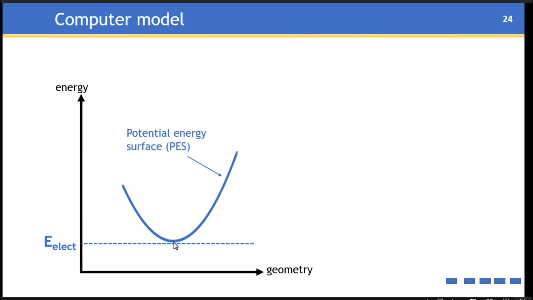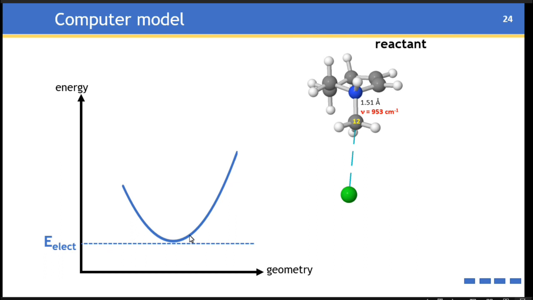This is the lowest energy state. And that's what this reaction looks like: a nitrogen-carbon bond of 1.51 angstroms, with the chloride ion poised to react out here.